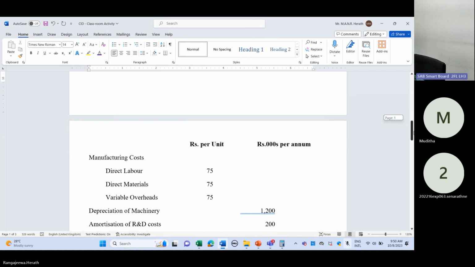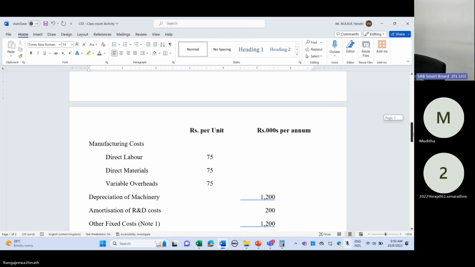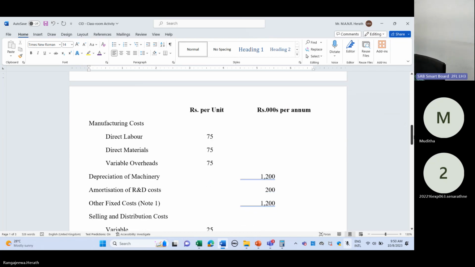Manufacturing cost per unit: direct labor, direct material, variable overhead. Per unit variable cost. Fixed cost: depreciation, amortization of R&D, other fixed cost, in rupees 1,000 per annum.